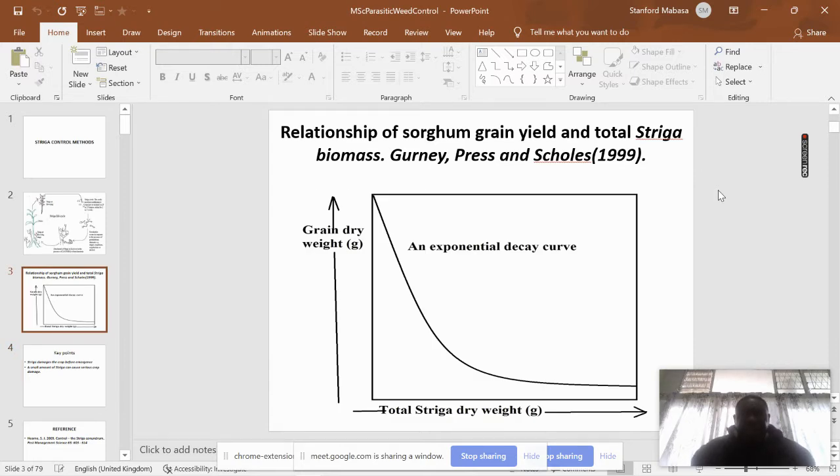Now, it is important that we understand the relationship of a host and the striga. For example, this relationship of sorghum grain yield and the total striga dry weight.